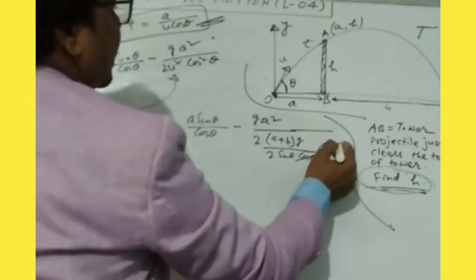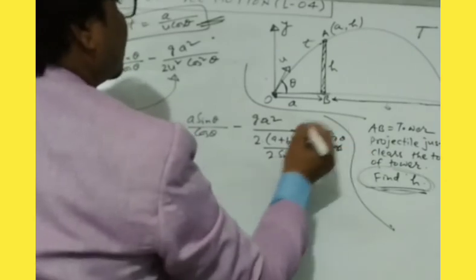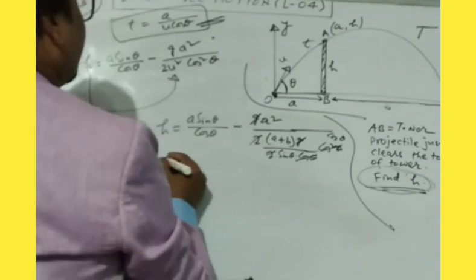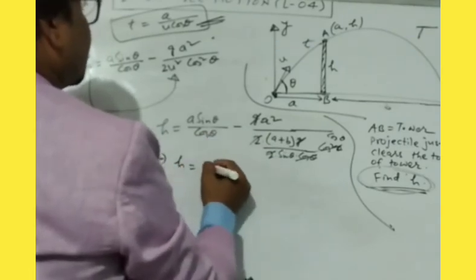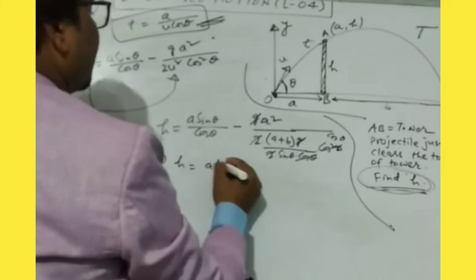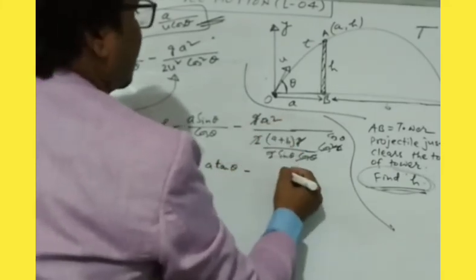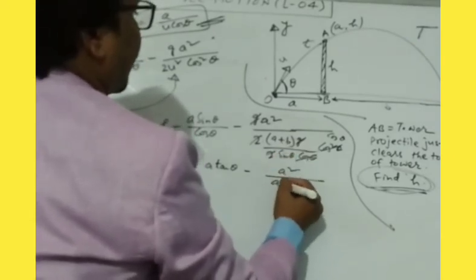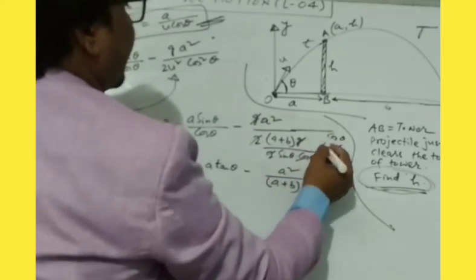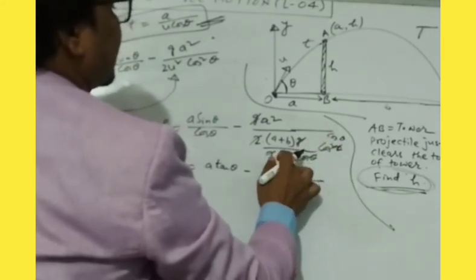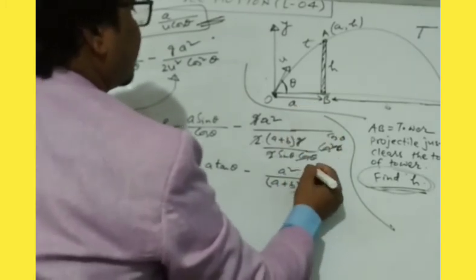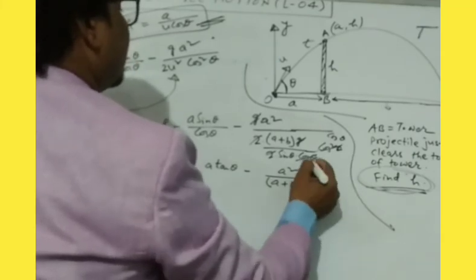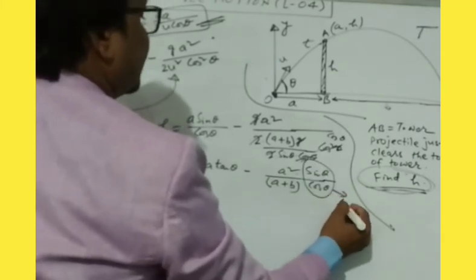So this cos square will cancel, one cos theta will be there, this 2 cancels, and g and g also cancel. So finally h equal to a tan theta minus a square upon a plus b, and this sin theta goes up and sin theta upon cos theta will also become tan theta.